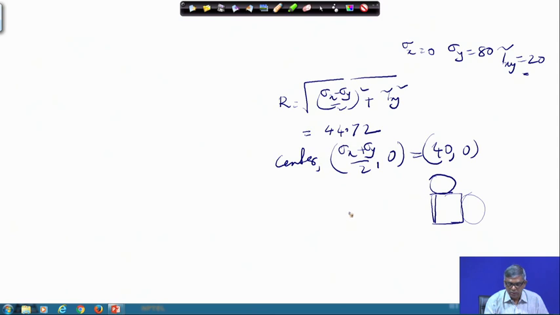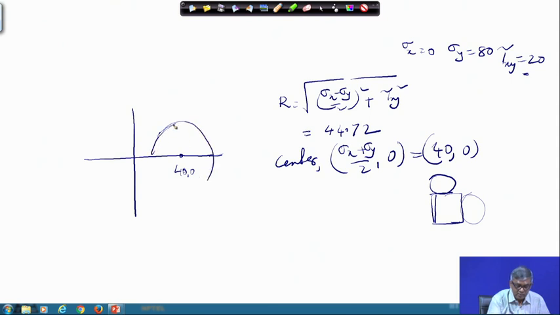So, I can draw the Mohr circle. Either I can locate the center here at 40, 0, and then taking the radius I can draw the circle. Suppose I draw the circle like this.